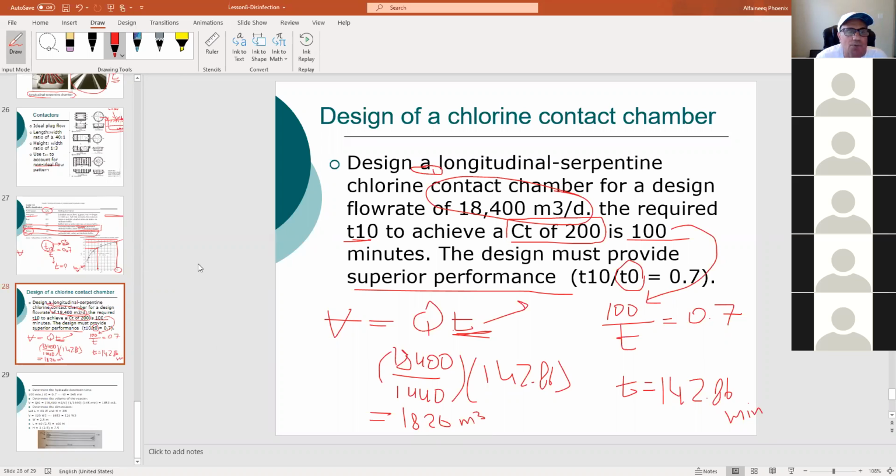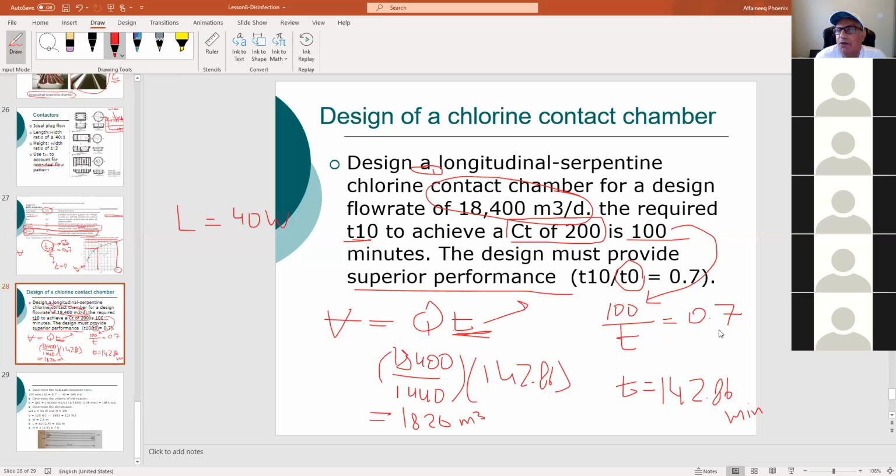What dimensions did you take for length and width? Length equals 40, you take it? Yeah, 40 and then 3. It's arbitrary, right? You can use another number, but this is superior. Make it that way, otherwise this will not apply.